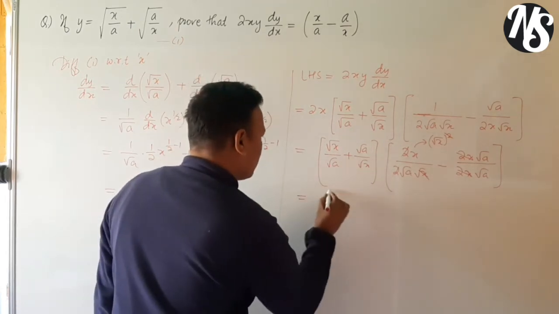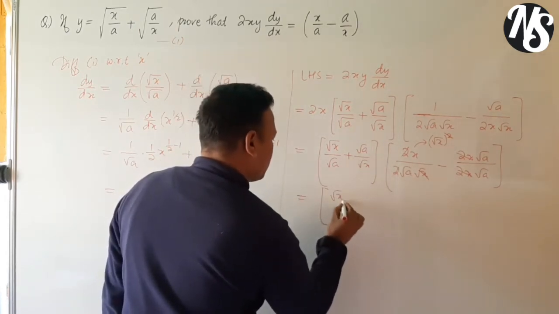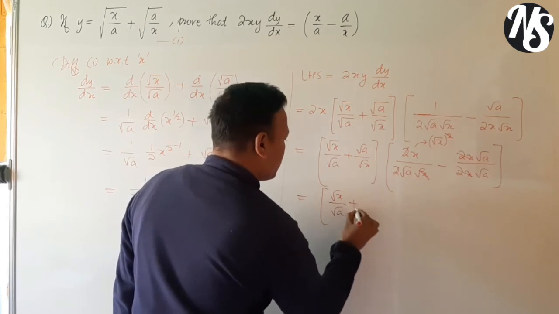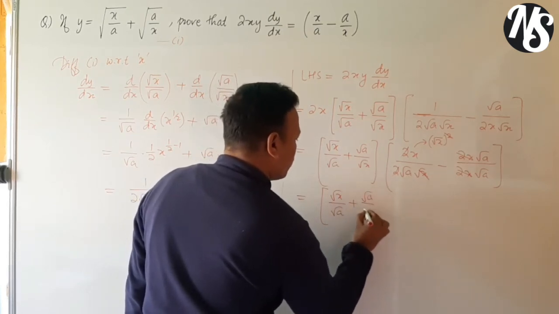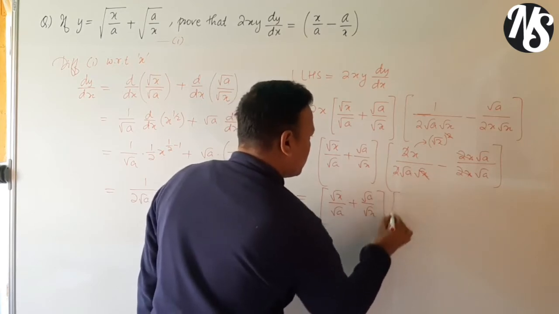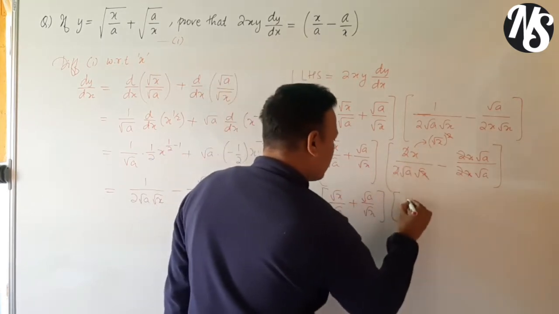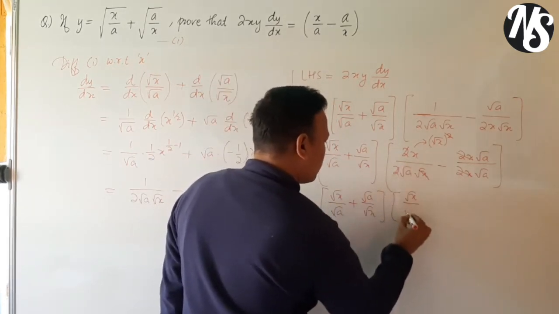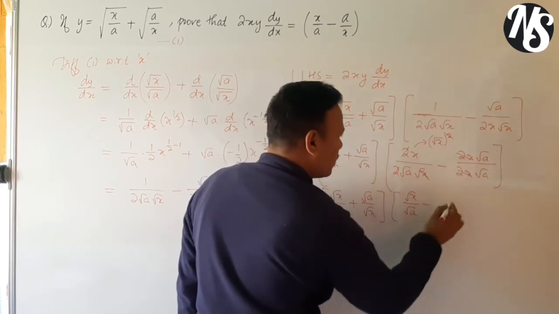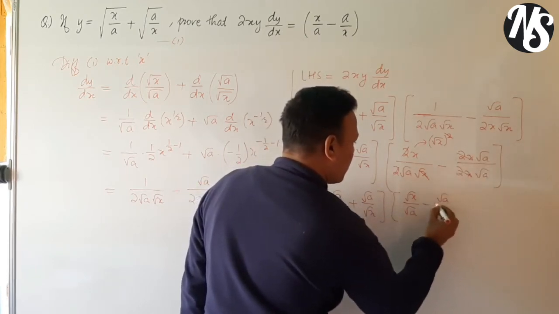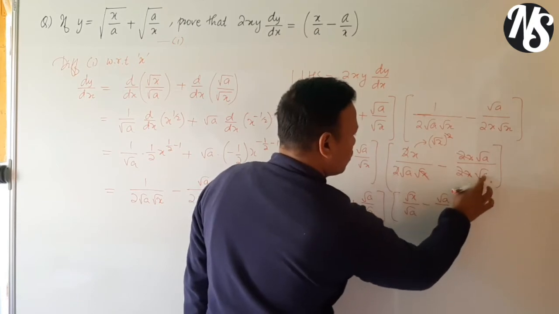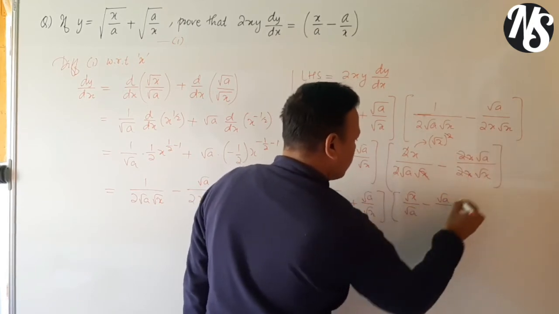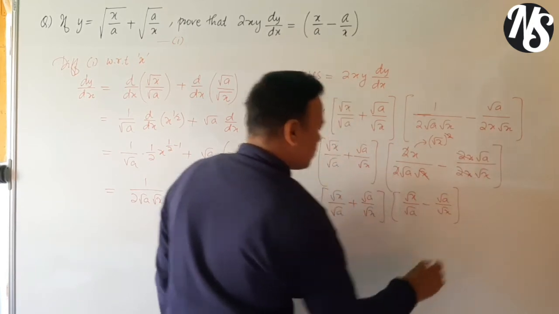So in the numerator we have only root over x. So this can be written as root over x by root over a plus root over a by root over x. And in the numerator we have root over x, in the denominator we have root over a minus root over a by, I'm sorry, this is x, right? So in the denominator we have this.